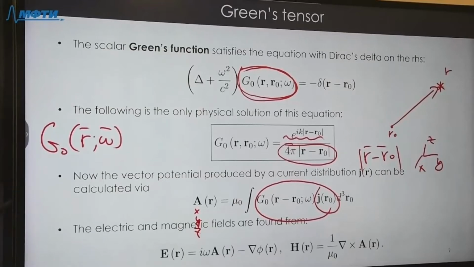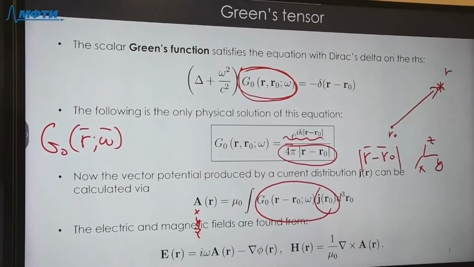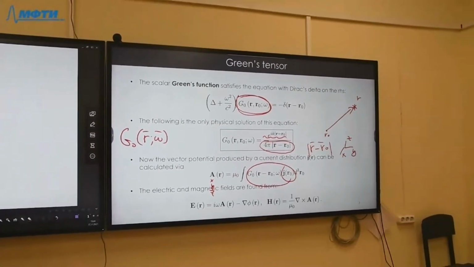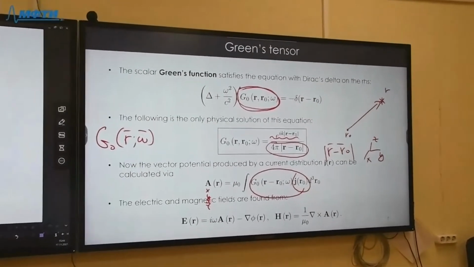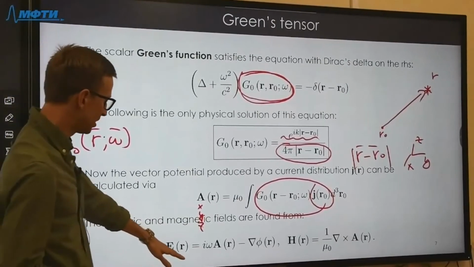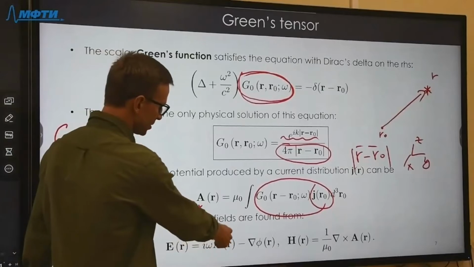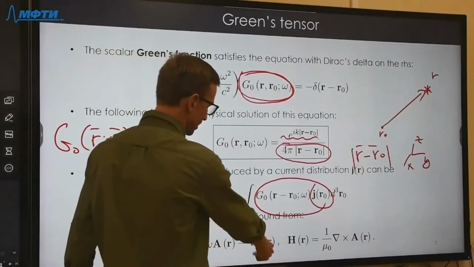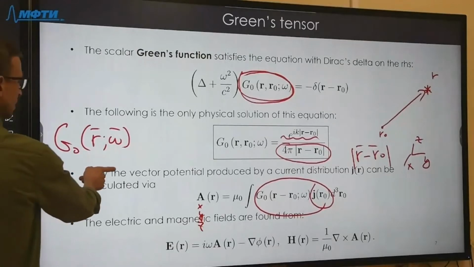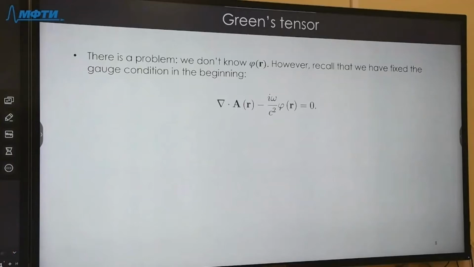And then we can calculate electric and magnetic fields, but there's a problem. Can anyone tell me what the problem is in these expressions? Yeah, we don't know the potential, because the electric field is not only determined by the vector potential, it also has the scalar potential, and we haven't solved an equation for the scalar potential phi. But we have fixed the Lorentz gauge condition. Remember that the scalar potential and the vector potential are linked.